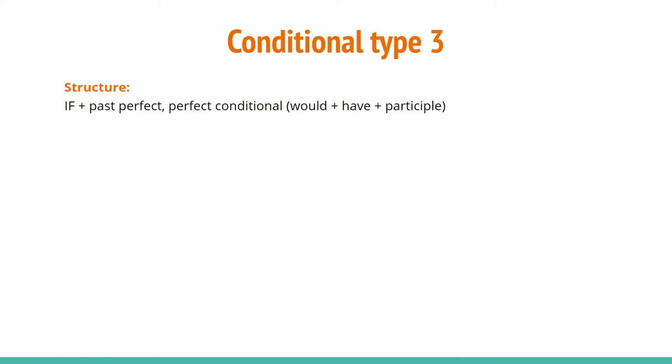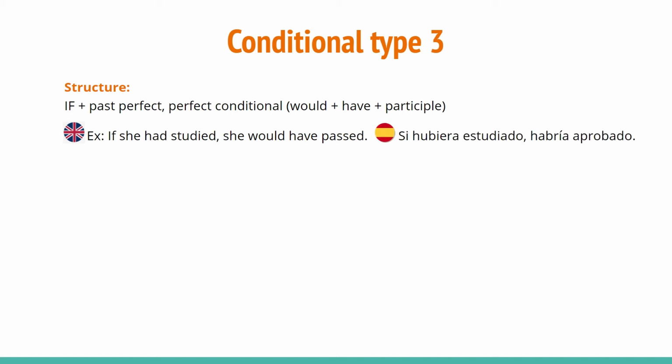Finally, the conditional type 3 or the third conditional. The structure is if plus past perfect plus a perfect conditional, which is formed by the word would plus have plus a participle. For example, if she had studied, she would have passed, which means si hubiera estudiado, habría aprobado.